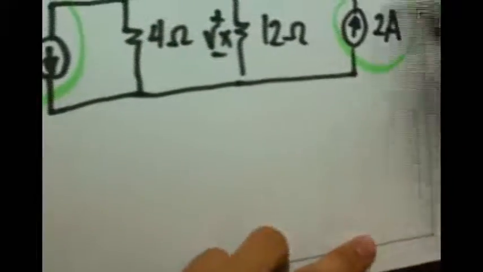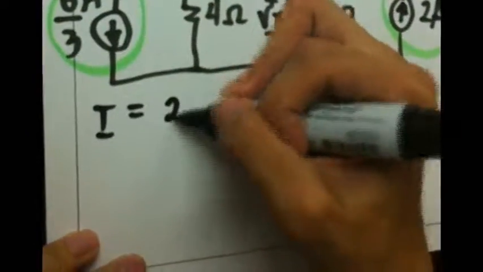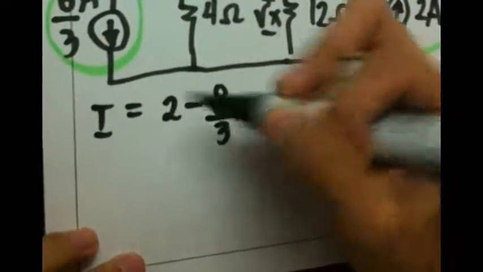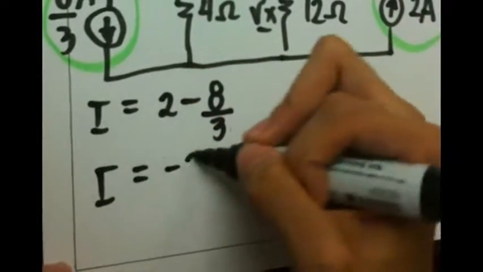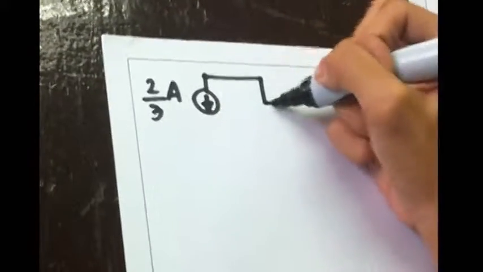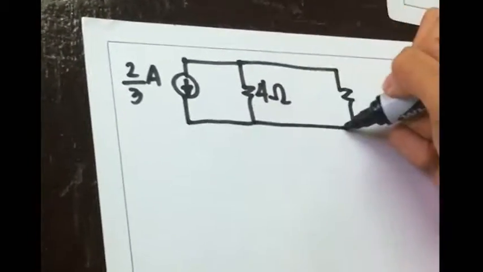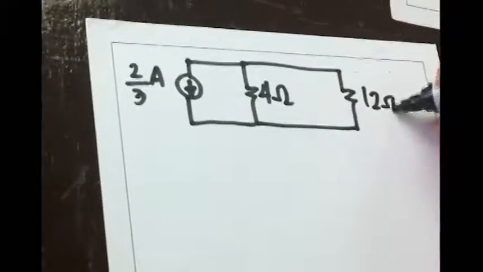Simplifying the two sources, drawing the circuit, we have 2 over 3 ampere that is directed downward with a parallel of 4 ohms and 12 ohms.